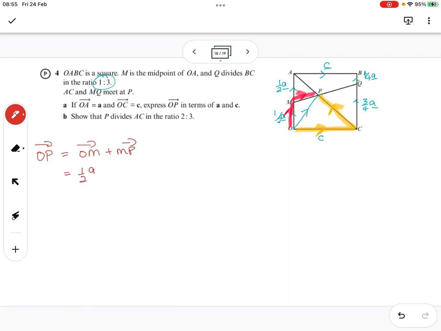So OP, the red version, we're going to OM plus MP. OM is a half A. MP is going to be, yep, here we go again, some fraction along MQ. So we're going to say lambda is a fraction or a constant, remember, but some fraction along MQ. Now, we're going to have to find MQ.